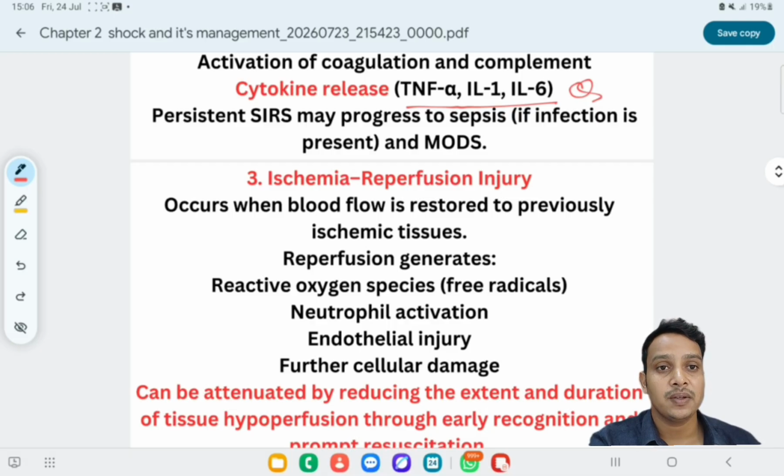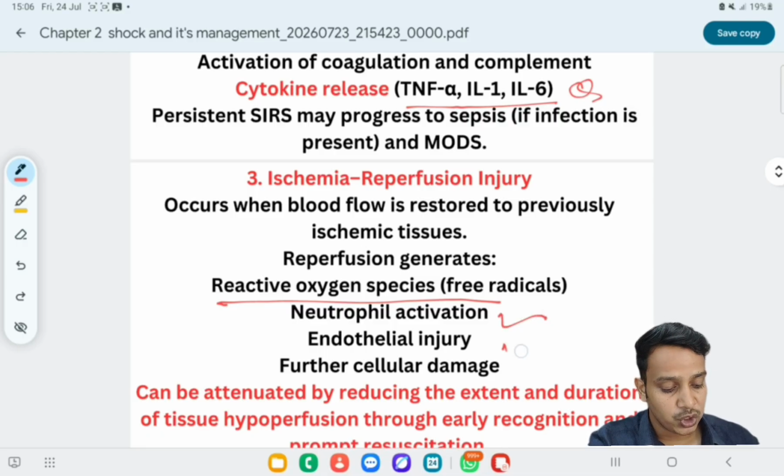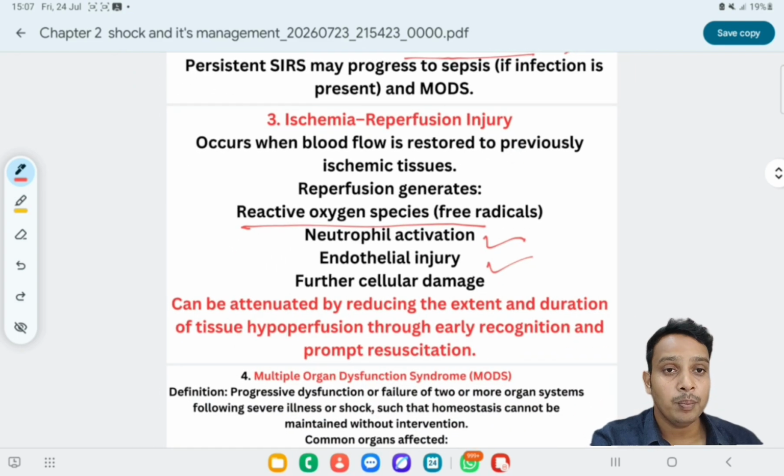This free radical generation leads to neutrophil activation, further endothelial cell injury, and further cellular damage. This stimulates a positive feedback mechanism, and the reperfusion injury leads to more profound stages of shock. To reduce reperfusion injury, remember we have to treat the patient as soon as possible in the reversible stage, so that we reduce the rate and duration of hypoperfusion to the cells.